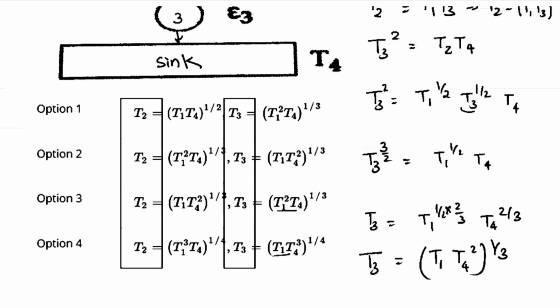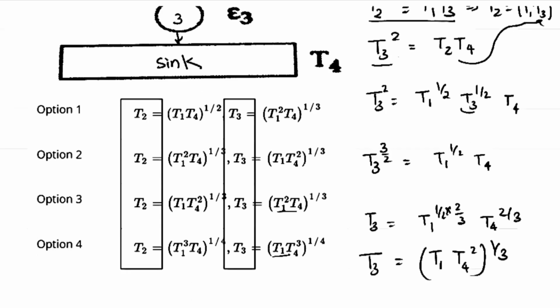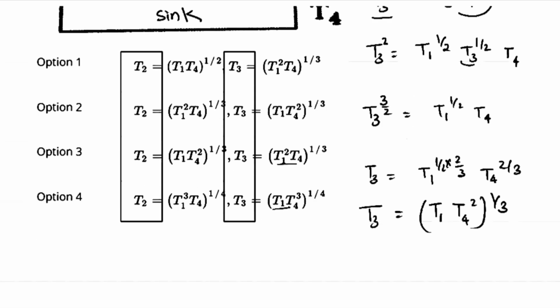Now we will get T2 in terms of T1 and T4. T2 we already wrote here, and we will do the same as we did in finding T3. I will put the value of T3 from here to here, and I will write T2 is equal to, this is T3.